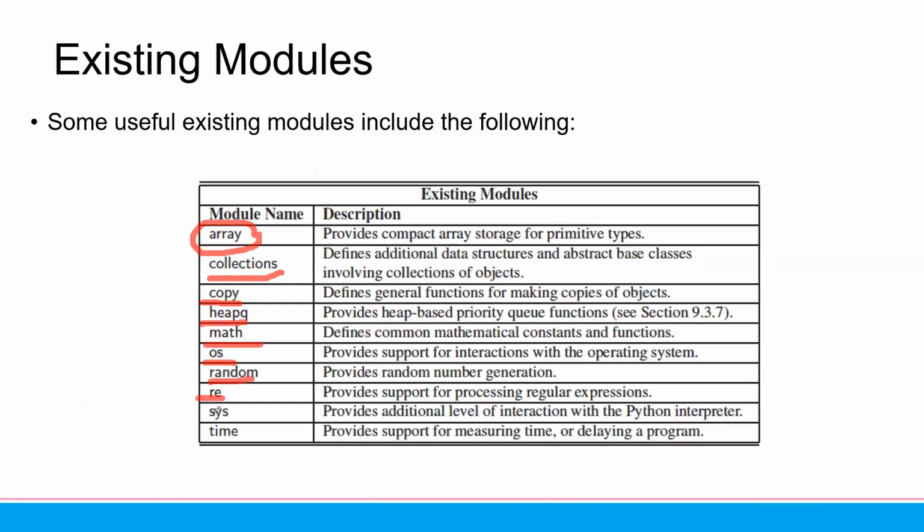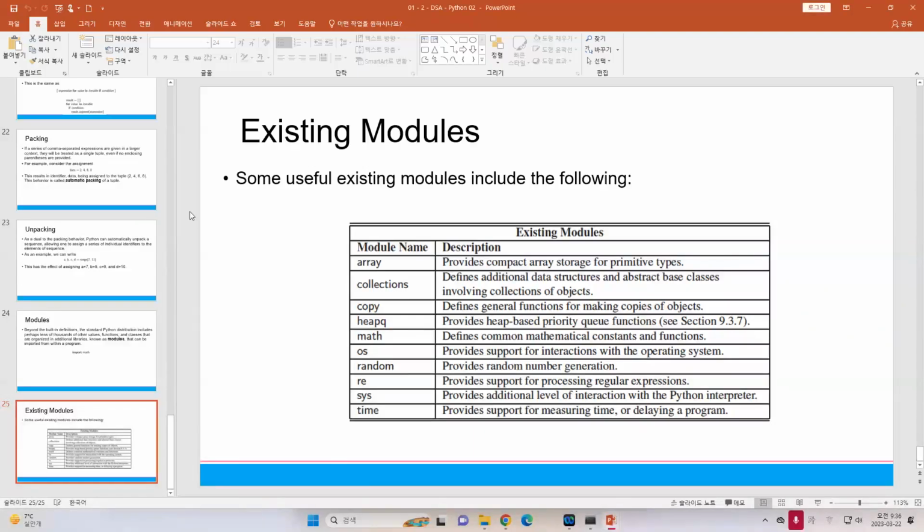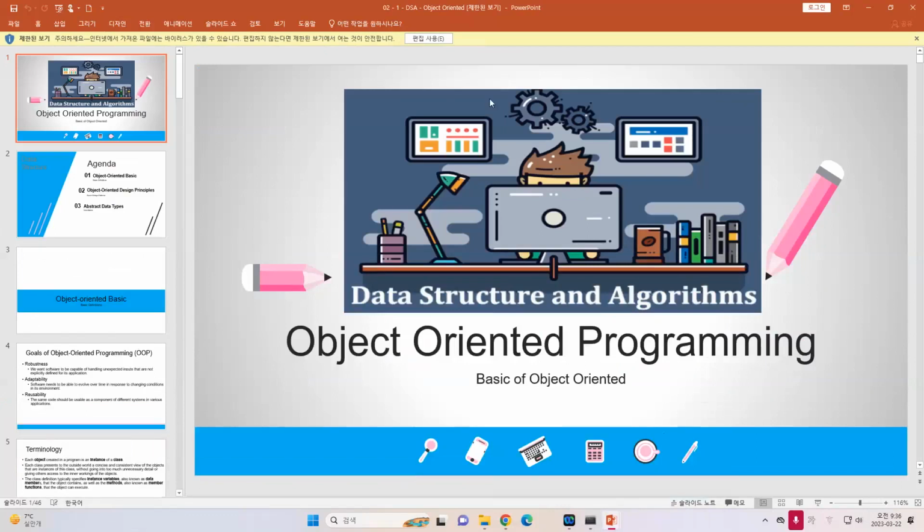Random, re for the regular expression, sys for the system. Time, to measure the time. So later we will check some of them for our course. Okay, so that's the end of chapter 2, the Python 2. Let me just continue to the next section, which is about object oriented.